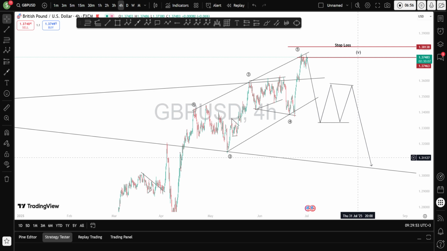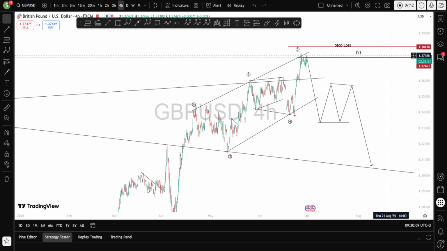Then our second TP will be the distance from the neckline to the tip.